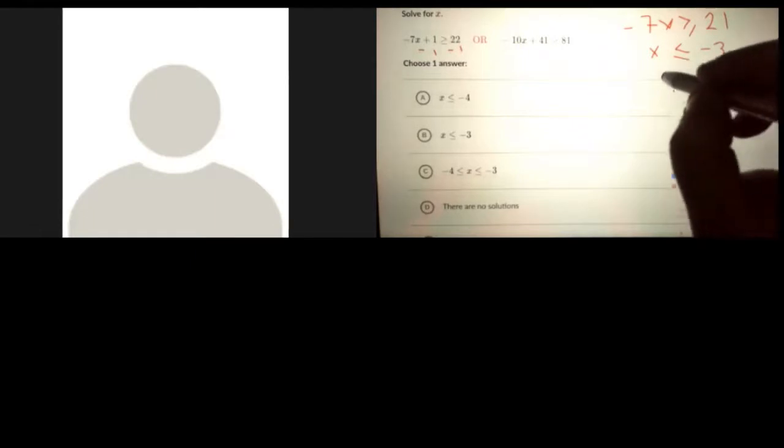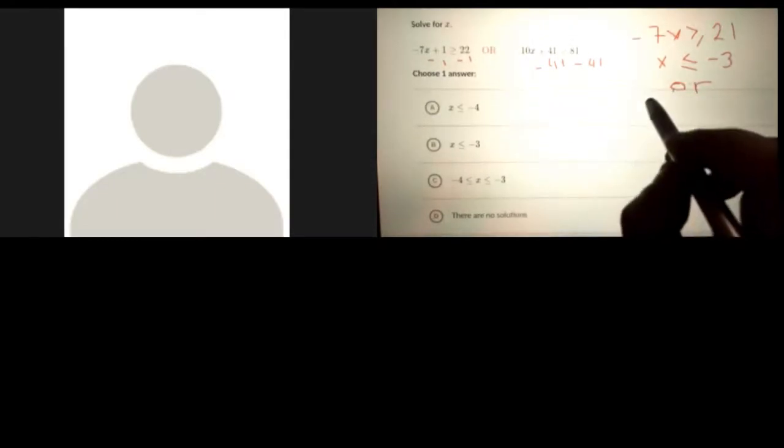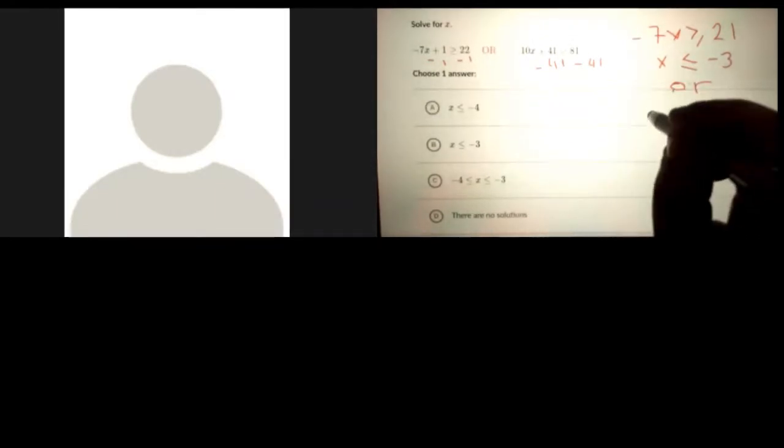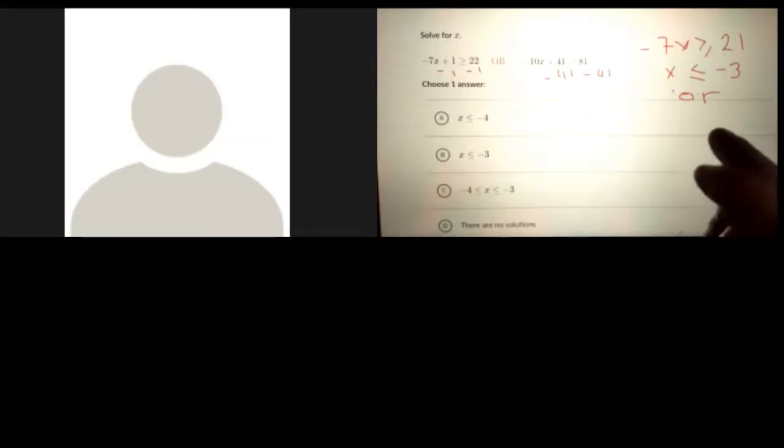Now, or negative 10x plus 41 greater than or equal to 81. So if I subtract 41 from each side, I'm going to end up with negative 10x greater than or equal to 40.